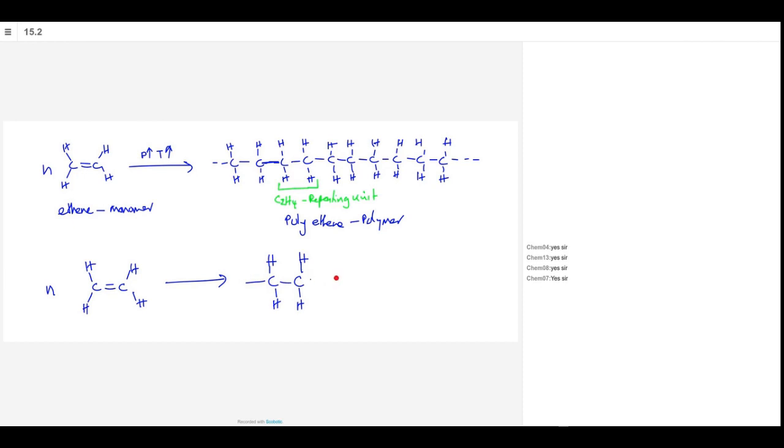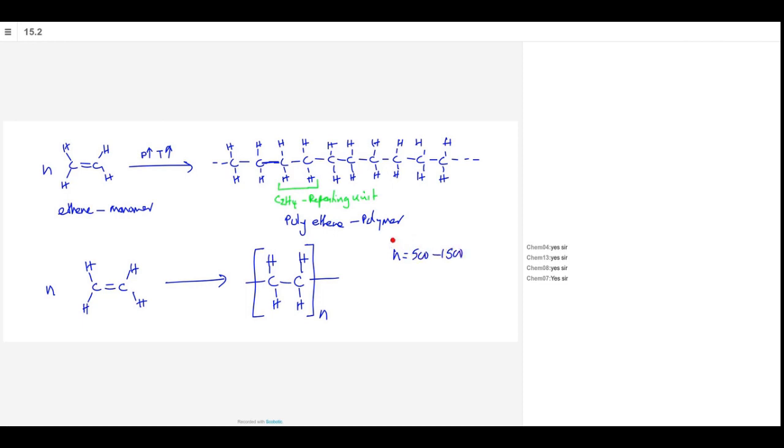You draw one repeating unit, put a square bracket, and put n, this same n, over here. In polyethene, this n number is roughly between 500 to 1500.